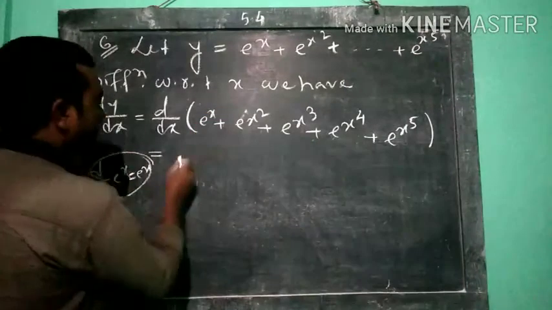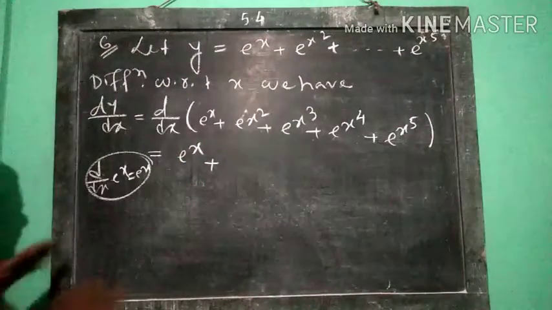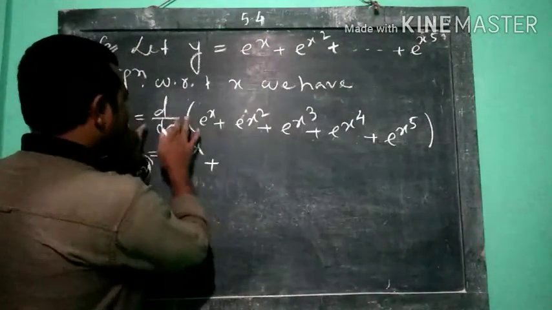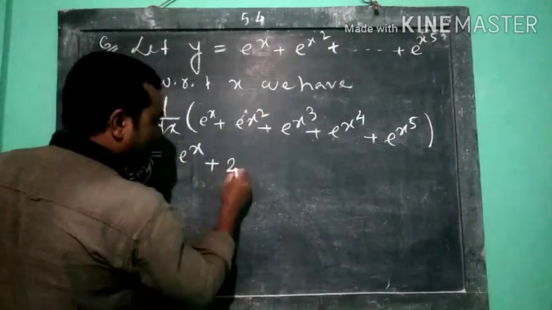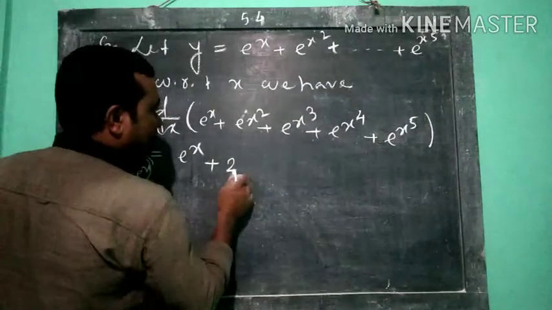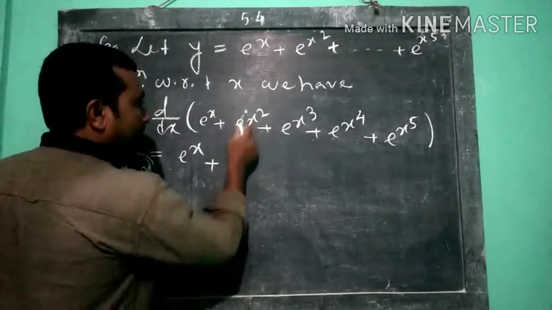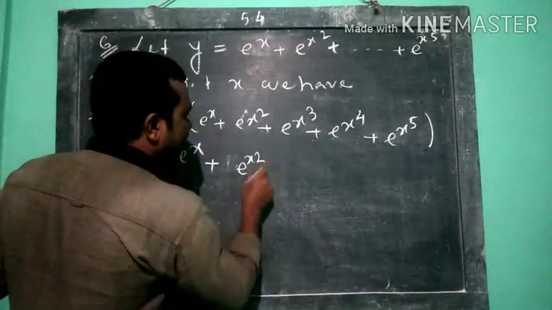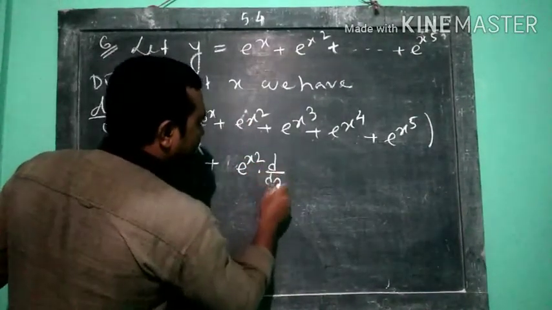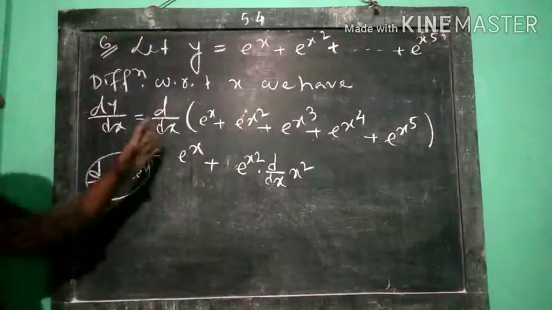Using this formula, this is e to the power x plus, again differentiating, d/dx of e to the power x square, sorry, e to the power x is e to the power x. So what we have is e to the power x square into d/dx of x square, using the chain rule.